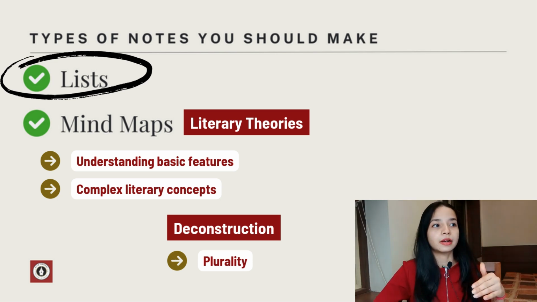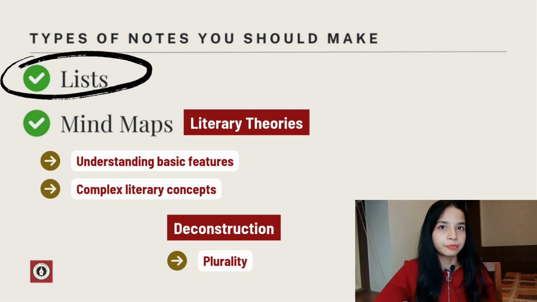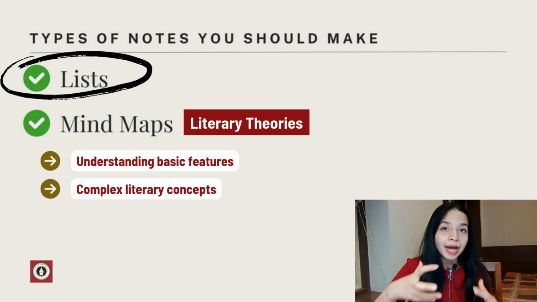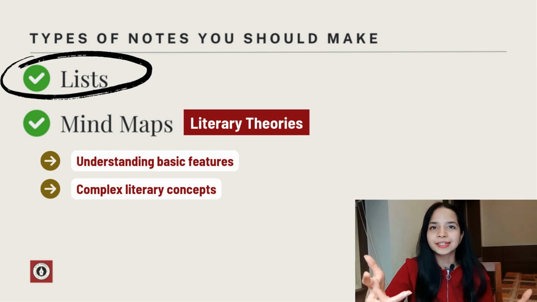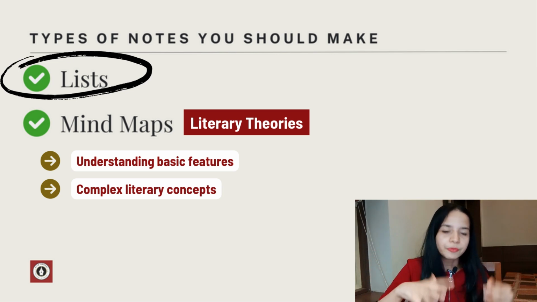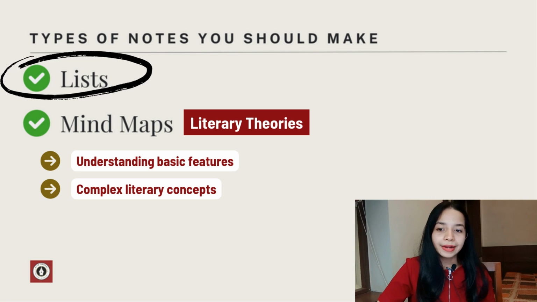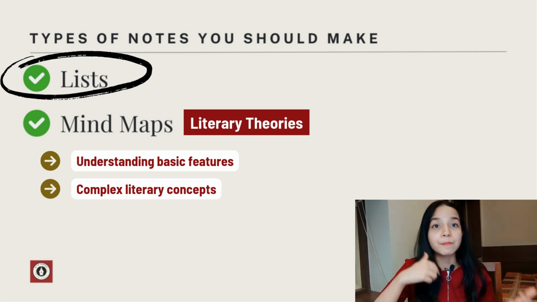There is a multiplicity of meanings based on the readers, based on the subjectivity of the readers. So try and break down some of these complex concepts into simplified bits and pieces, and it's only going to help you remember as well as retain it better.